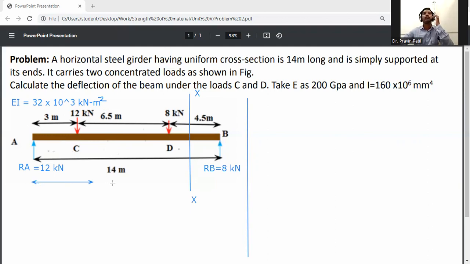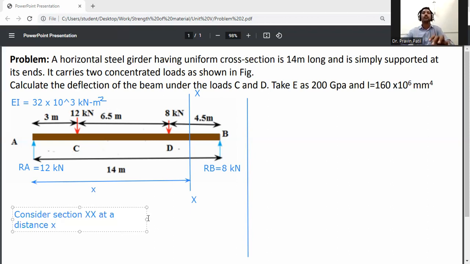So I will take from the A side, support A. Consider section XX at a distance X from support A.